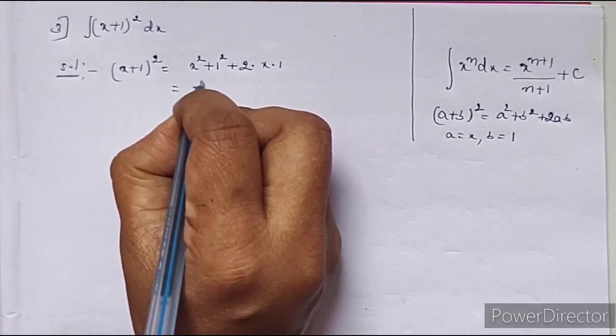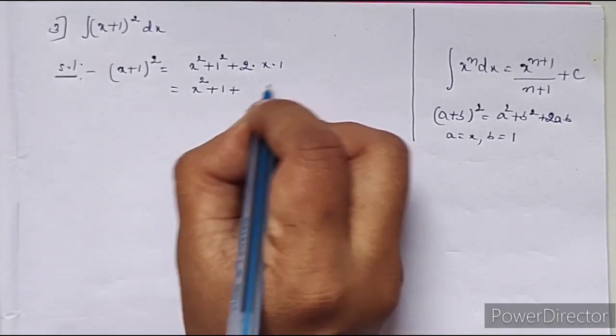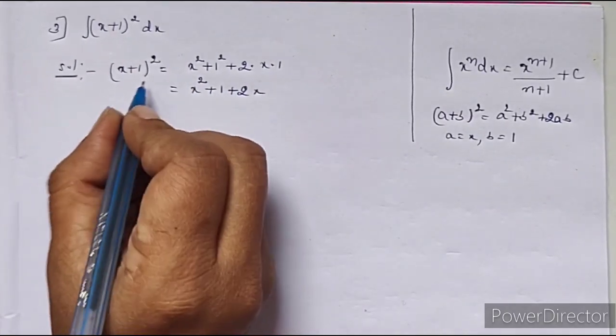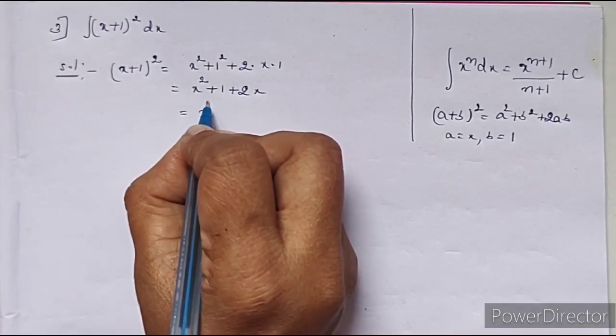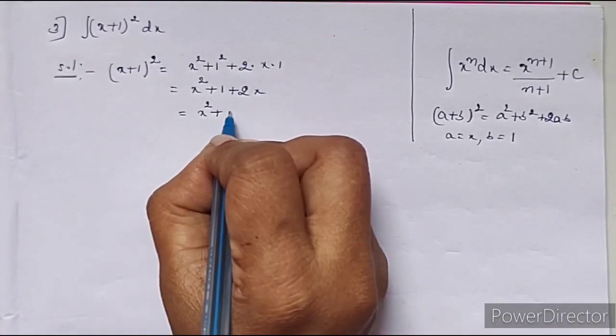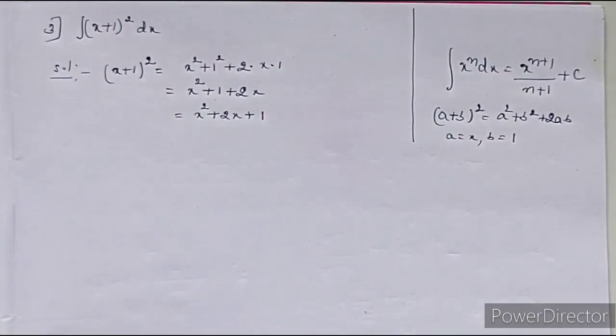So you can write it as x square plus 1 plus 2x. So (x plus 1) the whole square can be written as x square plus 2x plus 1.